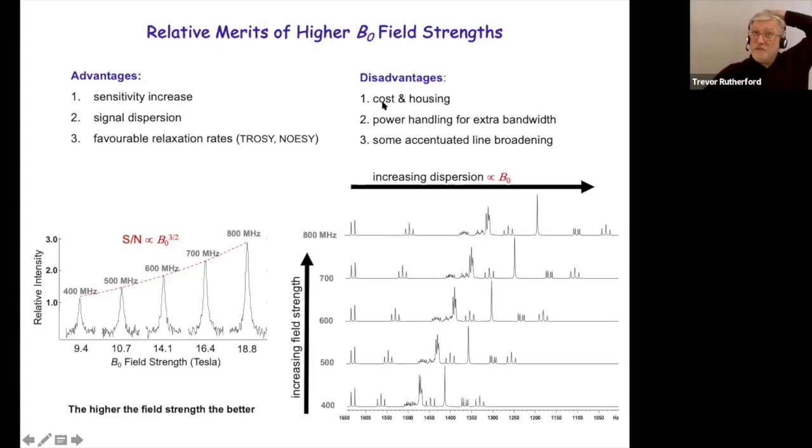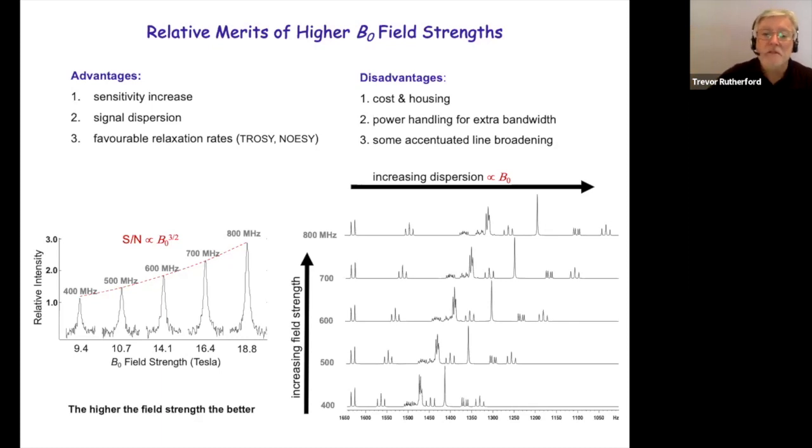So roughly speaking, the cost of an NMR machine goes up by a factor of 2 for every 100 megahertz increase. So at the moment, for the top field strength that's available commercially, we're looking at 1.2 gigahertz, and the cost of a spectrometer comes in over £20 million.